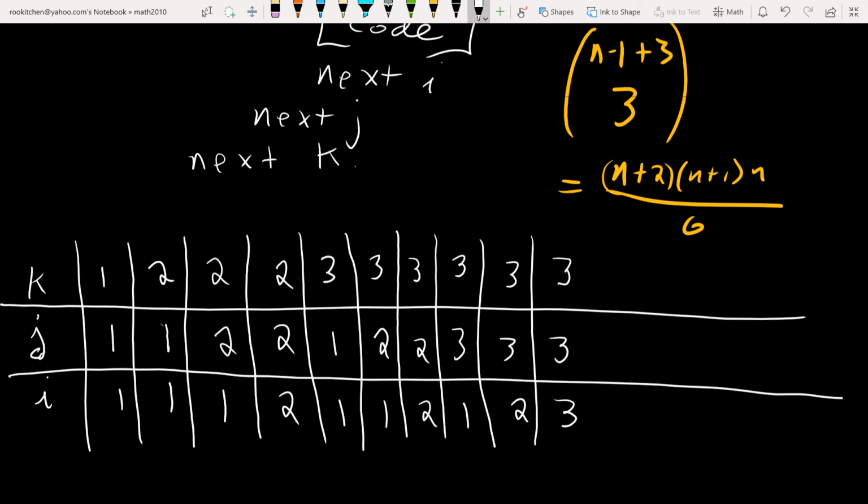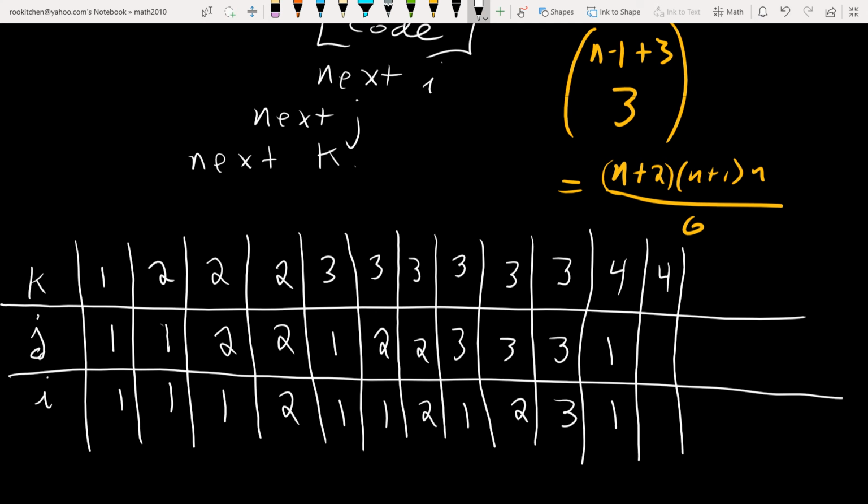Let's just do one more. So now I has nowhere to go, J has nowhere to go, so I increment K up to 4. That resets J to be 1 to 4, and in particular, at that point, I would be 1 to 1. As soon as I goes to 1, it's done, and then it steps out, and I have to increment J to 2, and reset I so it goes from 1 to 2.